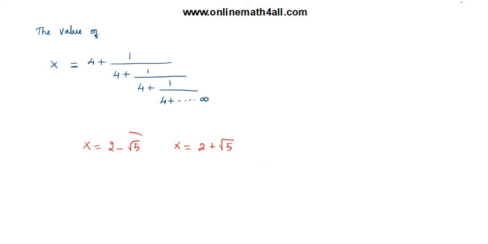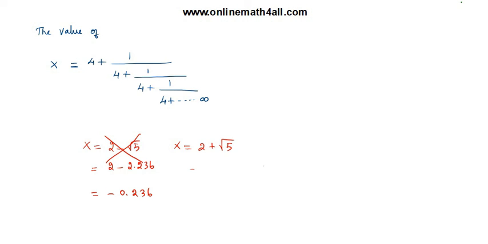When you consider the first value of x, 2 minus square root of 5, we know that square root of 5 is an irrational number, so we can take only an approximate value, which is 2.236. When you simplify this, definitely this value cannot be greater than 4, its value will be negative 0.236. So we cannot accept the first value, 2 minus square root of 5.